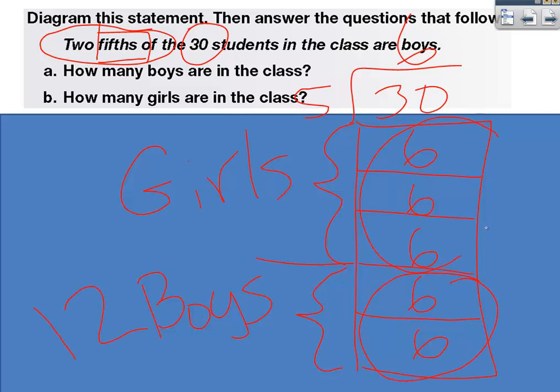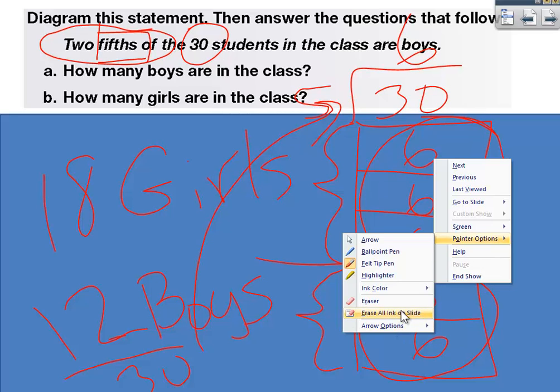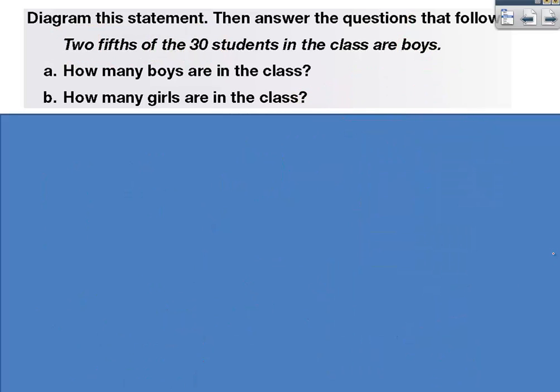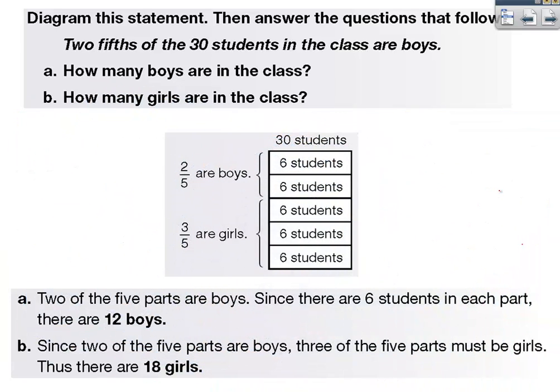How many girls? 18. We can check that because 18 and 12 equals 30, which is our original amount right there. Let's see if we got that right. All right, I love it when we're right. 12 boys, 18 girls.